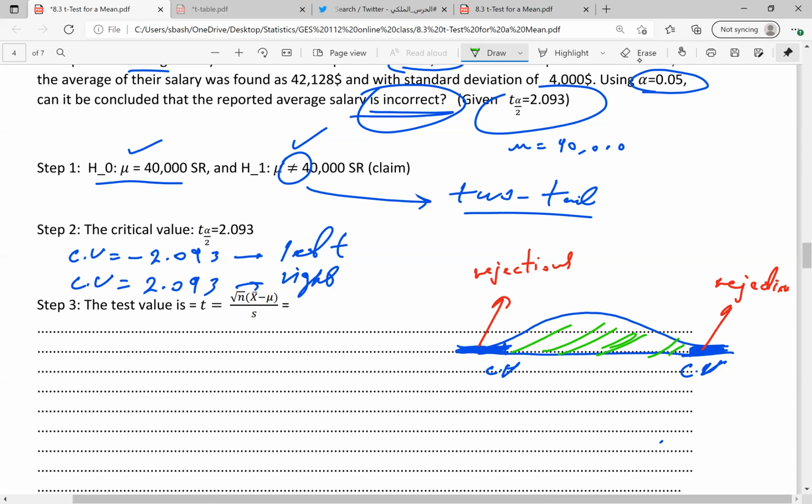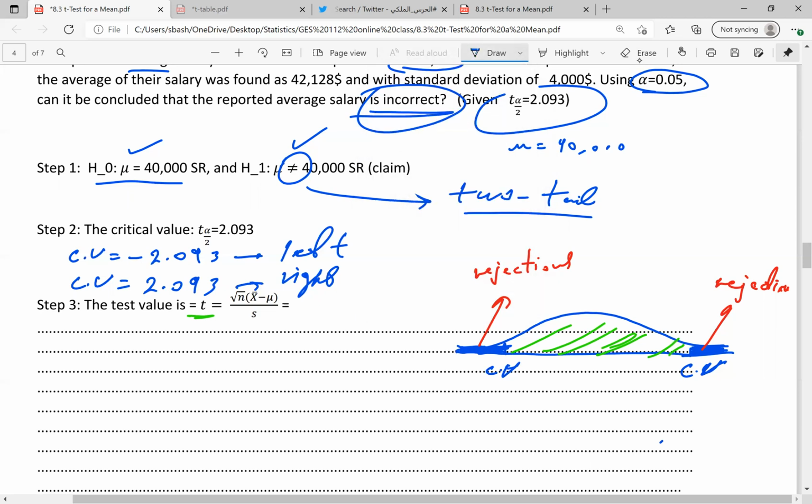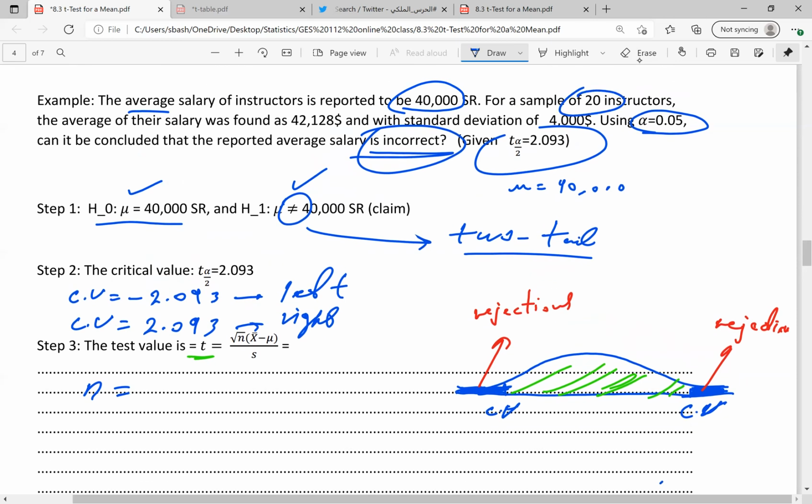The next step, I need to find the test value. Test value, which is T, is given by square root of n multiplied by x bar minus mu divided by the standard deviation. So let's find this value T. Then we can decide. Let me state the values. N is the sample size, 20 instructors.